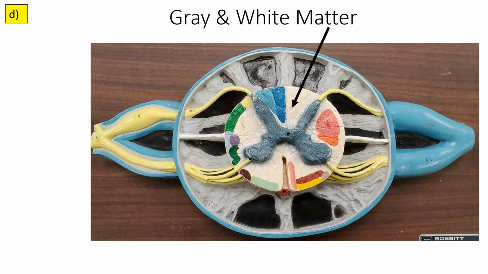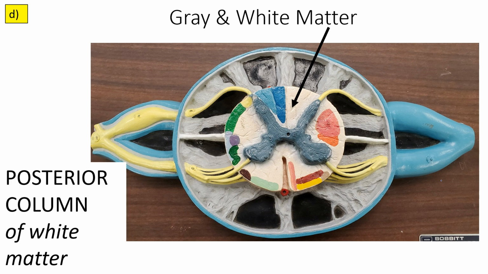Now the white matter, which sits on the outside of the gray matter, is divided into columns. So again, knowing your terms that mean front and back, the back is referred to as the posterior column. So all of this right here is that posterior column.